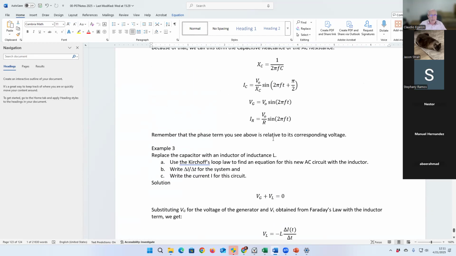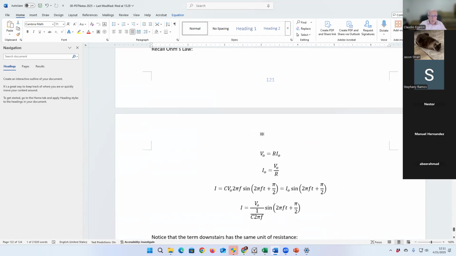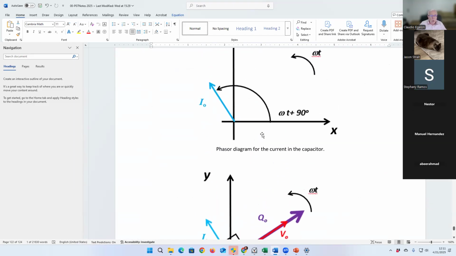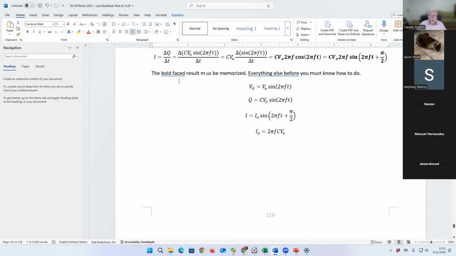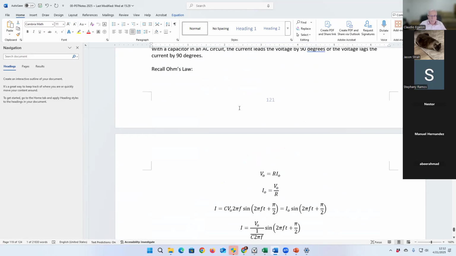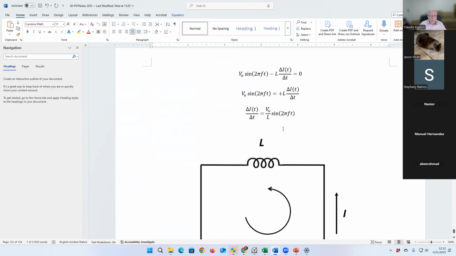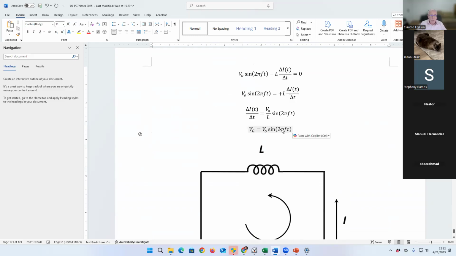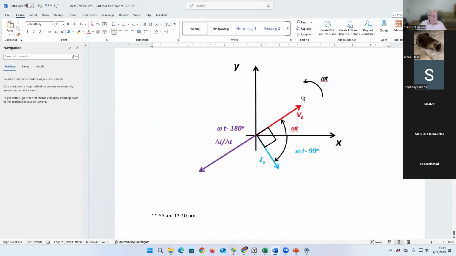Let's get the voltage again, put it just below the delta I over delta T. Right here it is in phase. So when we do the phasor diagram, this diagram also needs to be fixed.